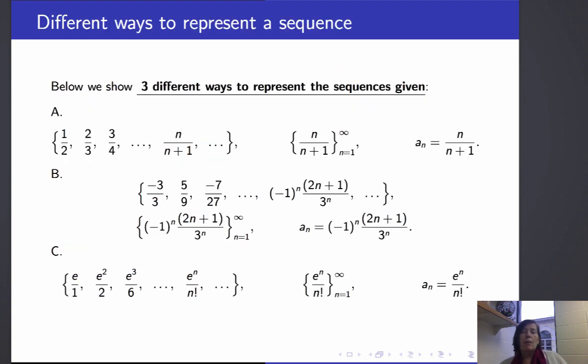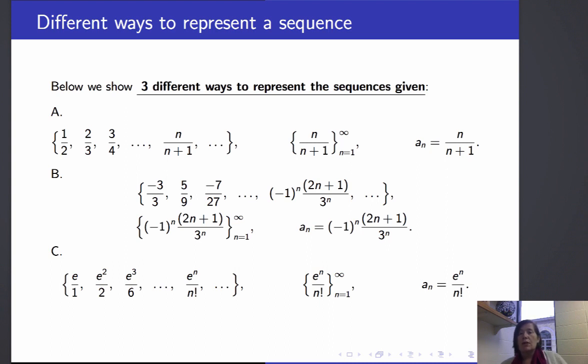Now, when we're representing a sequence, we can do that in many ways. Here are 3 very common ways. We can give the first few terms, which show the pattern, and then give a general formula for the nth term, and enclose our list in curly brackets. We can just forget the first few terms and just give the formula for the nth term, enclose that in curly brackets, and say that n runs from 1 to infinity.